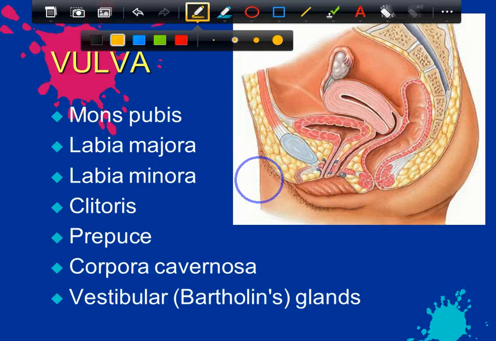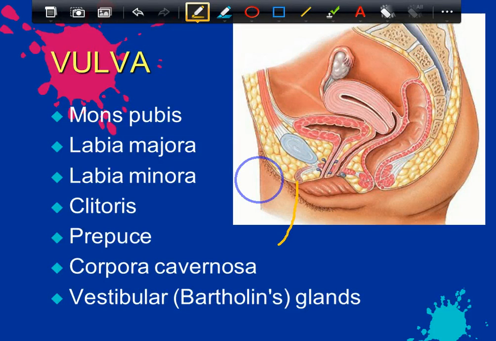Clitoris. Erectile tissue, it's corpus cavernosum, just like in the penis. We'll talk more about it later. Prepuce, a little kind of a covering right over here, again comparable to the prepuce in the male. Prepuce is the hood. It's removed during circumcision in the male.